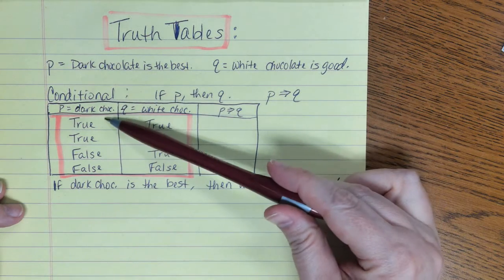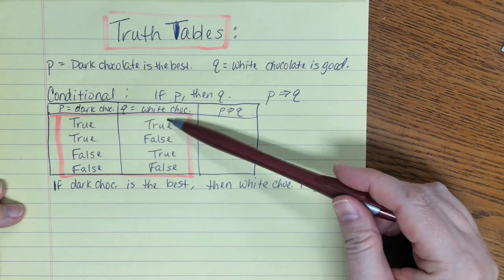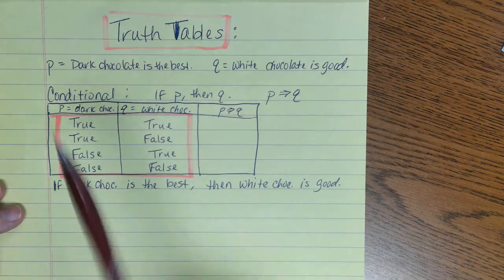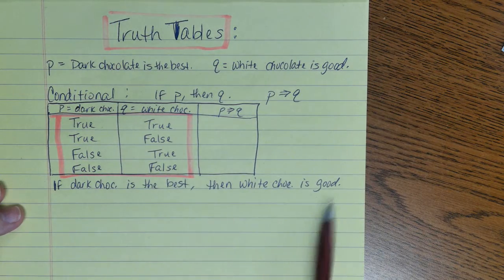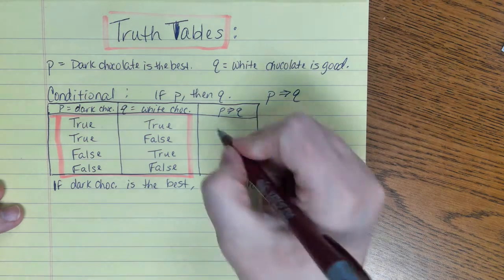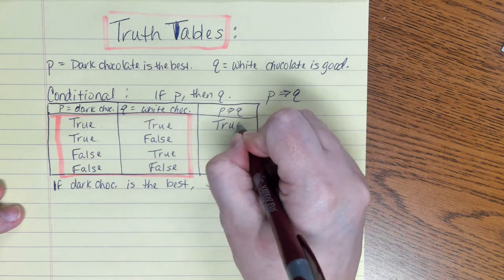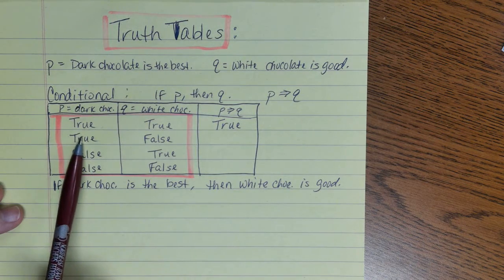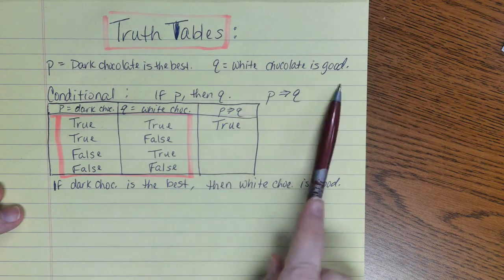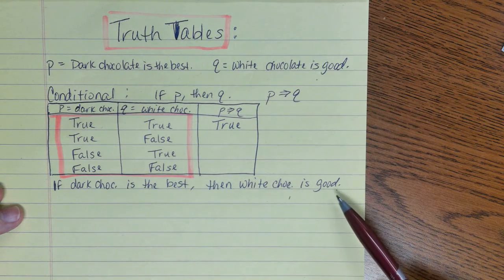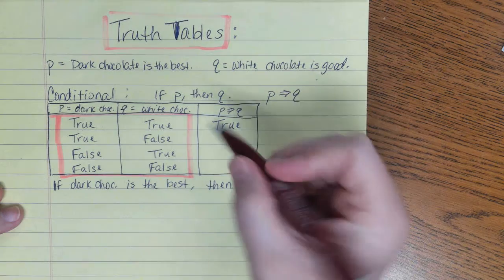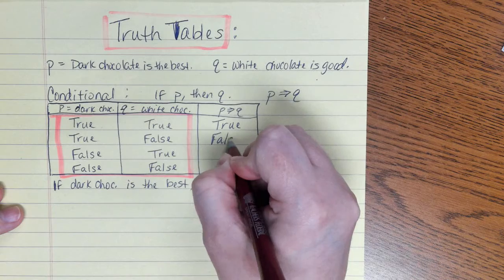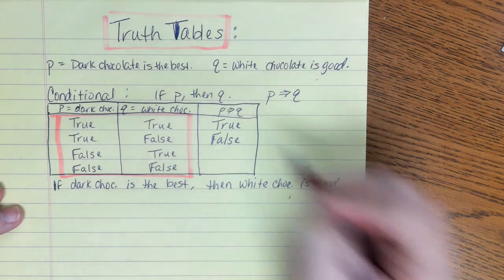If it's true that dark chocolate's the best, and it's true that white chocolate's good, is this sentence true or false? It's true. If dark chocolate is the best, but white chocolate's not good, is this sentence true or false? False. Those are the more obvious ones, right?